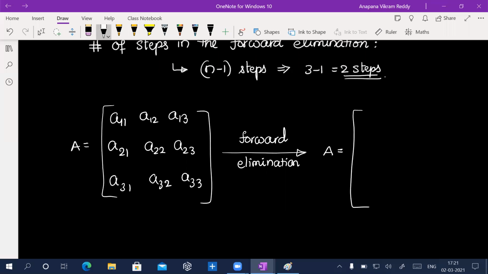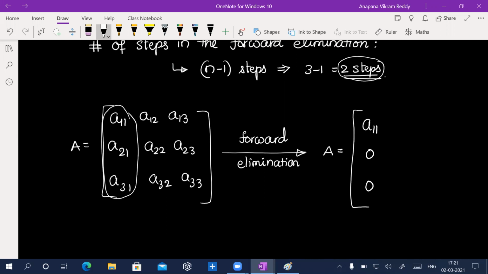In the first step, the first column of the coefficient matrix becomes A11, 0, 0. So by the end of the first step of forward elimination, the first column becomes A11, 0, 0.